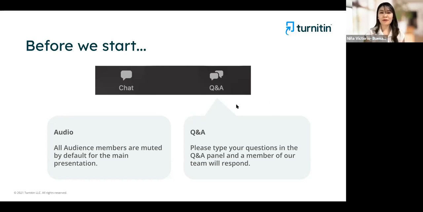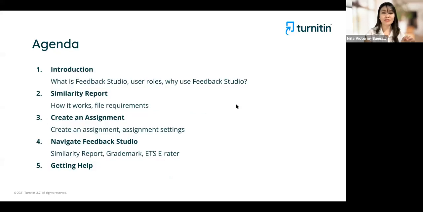Now, for today's agenda, we will be talking about what Feedback Studio is. I'm pretty sure that a lot of you are familiar with what Feedback Studio is, but I think it's about time for us to unlearn and relearn some things about this too. We will also be discussing the user roles in Feedback Studio, and why we use Feedback Studio. I will be showing how the Similarity Report works and the file requirements for you to generate a Similarity Report.